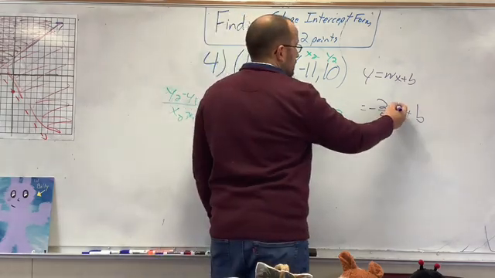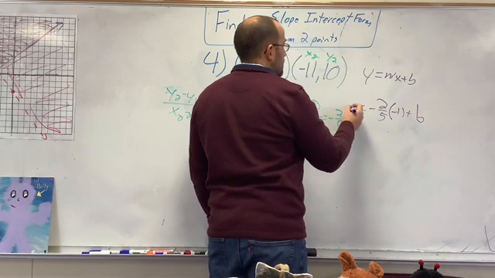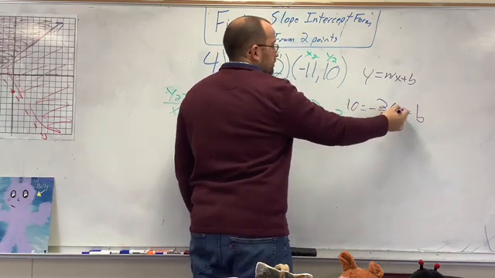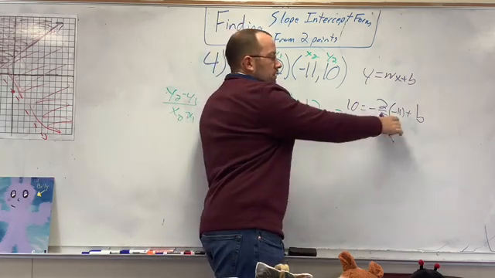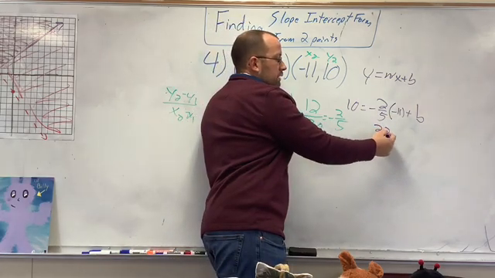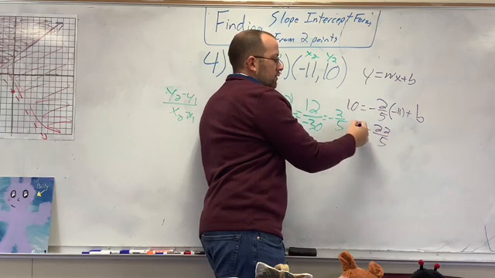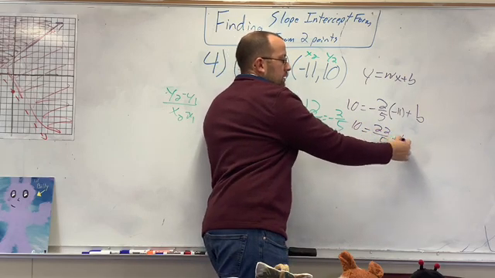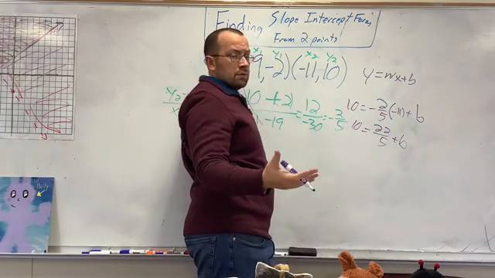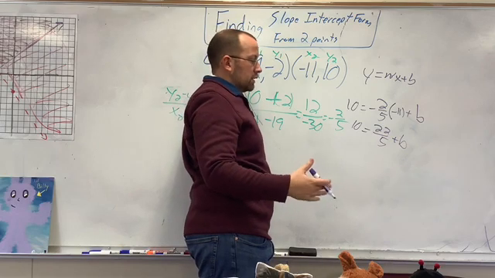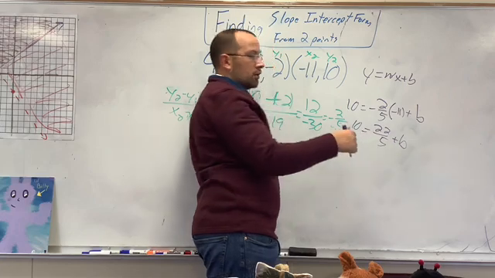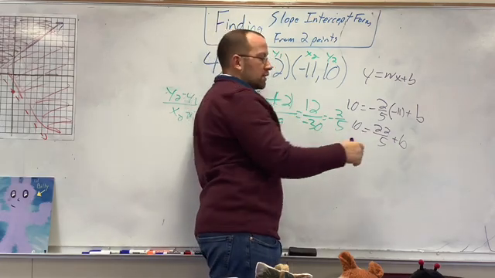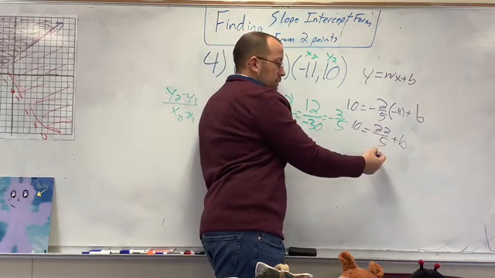So I'm going to multiply by negative 11 and then 10 on this side. All right, so multiply these two, it gives me 22 over 5 equals 10 plus b. But for the sake of this video and me not going into the whole subtracting fractions, I'm just going to turn this into a decimal.